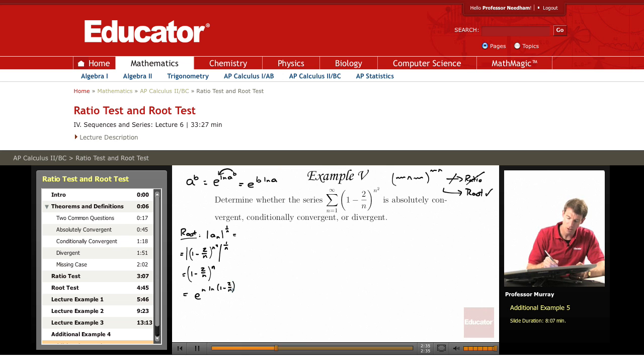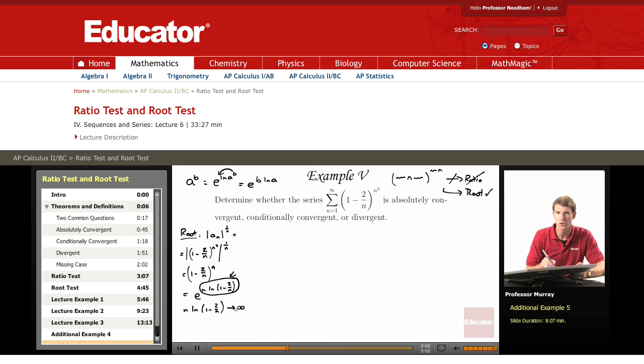Now we're just going to focus on the exponent because that'll take a little work to sort out. We'll come back later and incorporate the e term. Let's just look at that exponent: n times natural log of 1 minus 2 over n. Well, n goes to infinity.